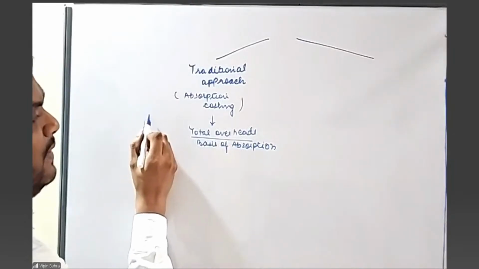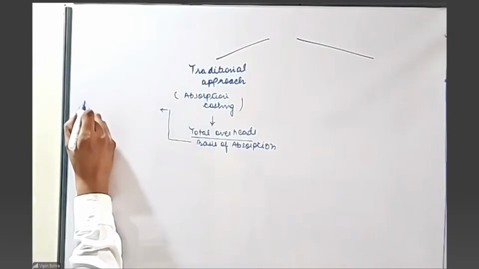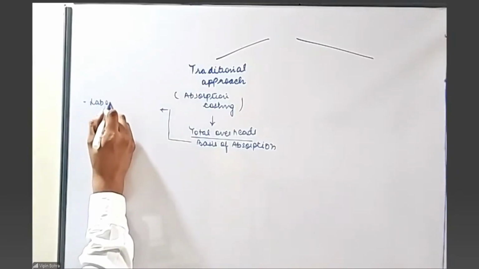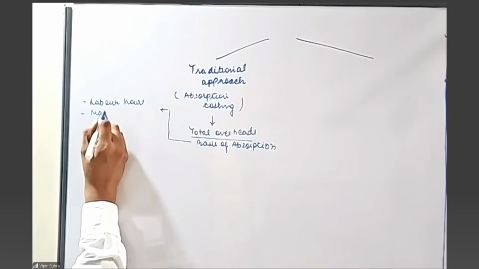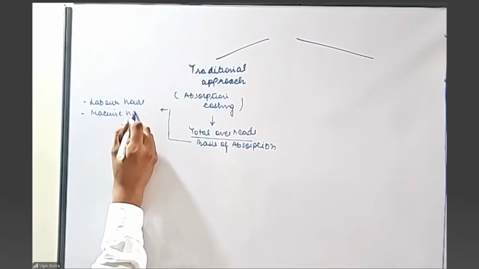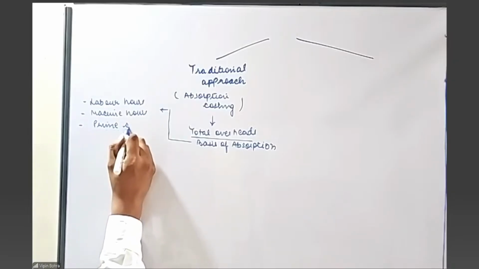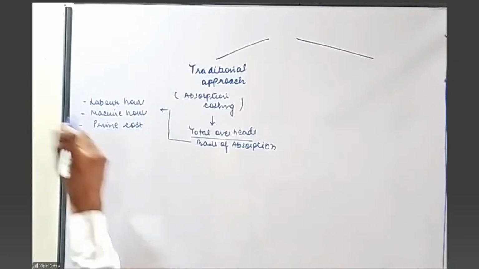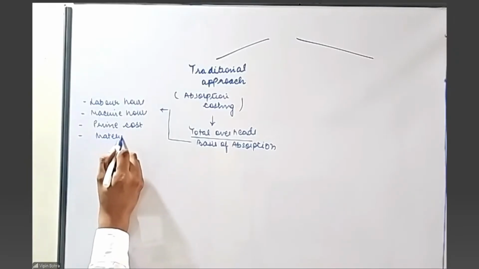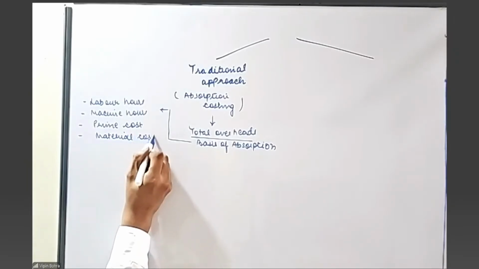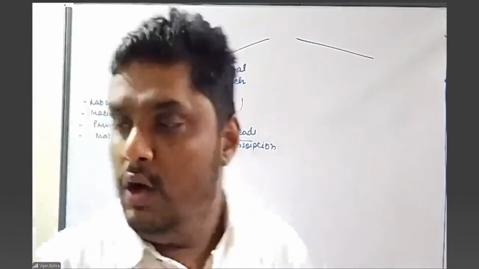Basis of absorption can be on the basis of labor hours, it can be on the basis of machine hours, it can be on the basis of prime cost, it can be on the basis of material cost, etc. So this is what you have learned in overheads.